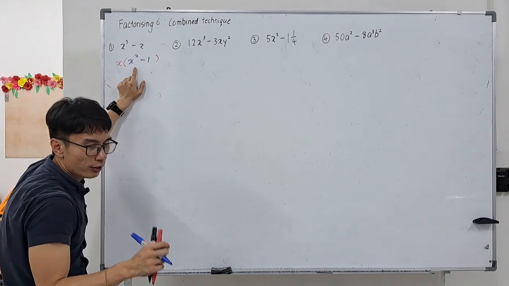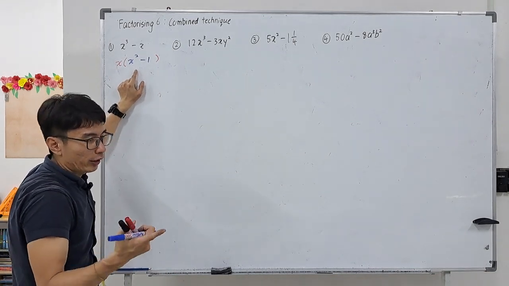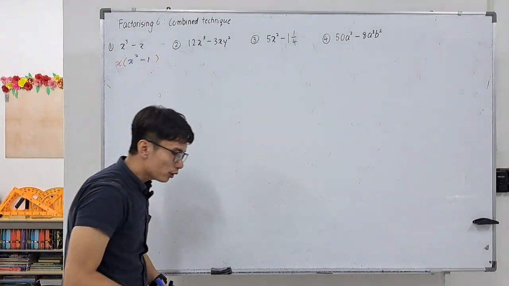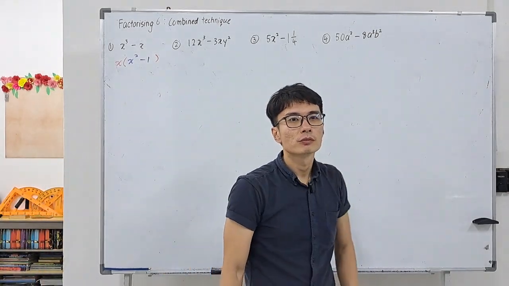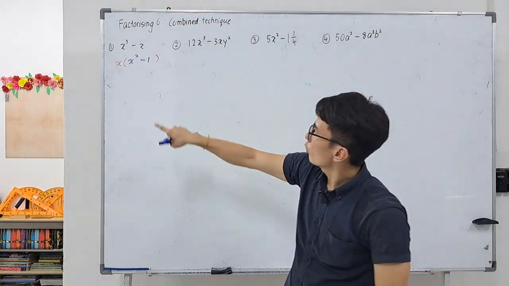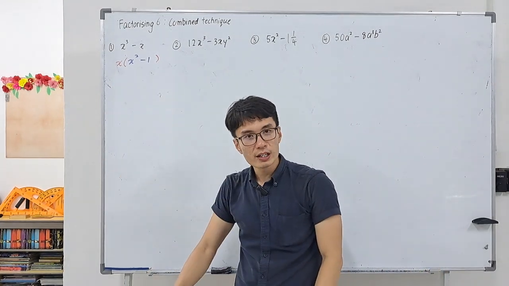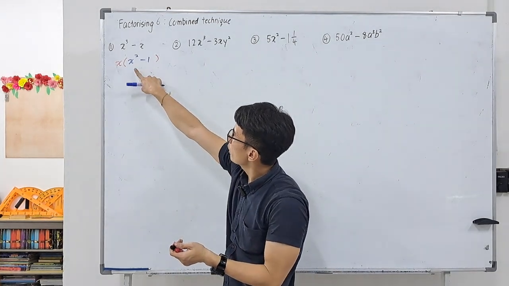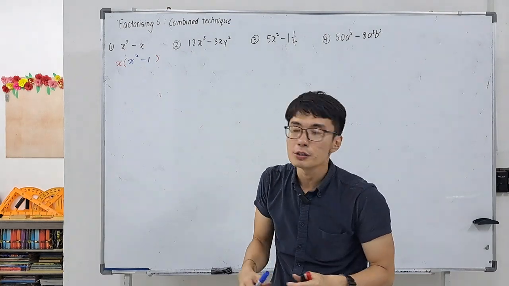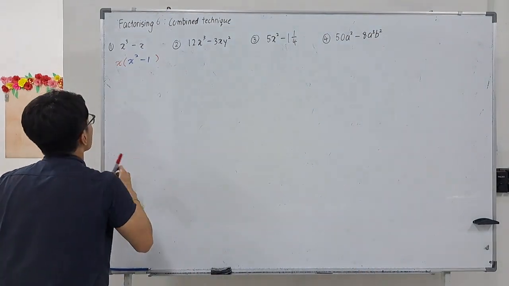I've used the first factorization method, which is factorizing out a common term, and then look inside this bracket. Do you think I can factorize this further? If you say yes, then you are right. Because do you notice inside here is the difference of square? Two terms, negative, and both of these I can square root, right? Which means I can break this down even further. So what will my final answer look like?